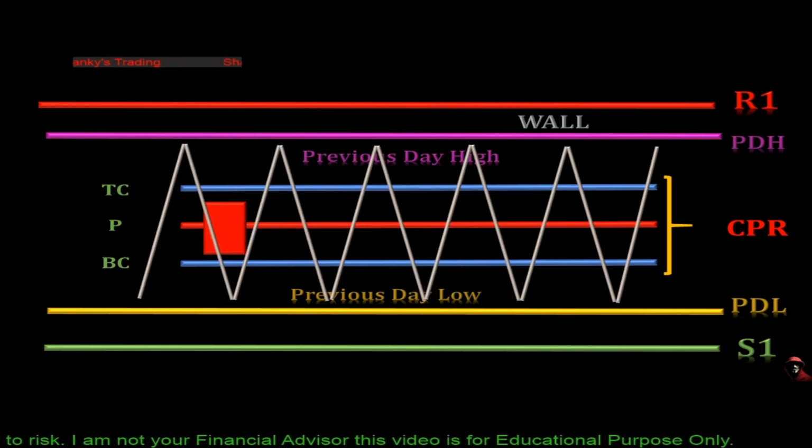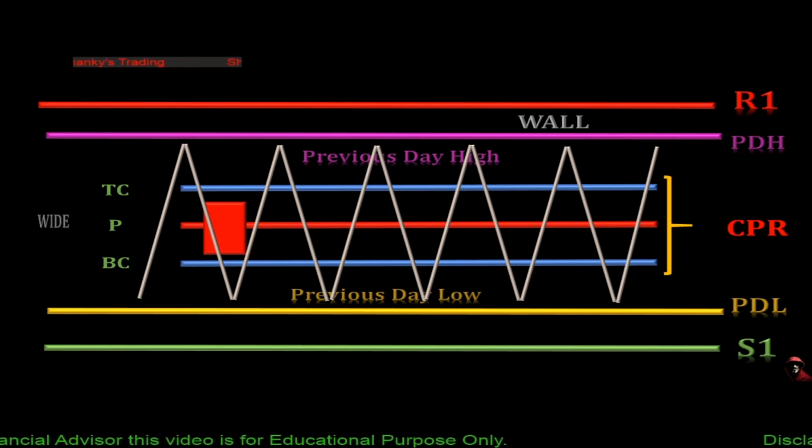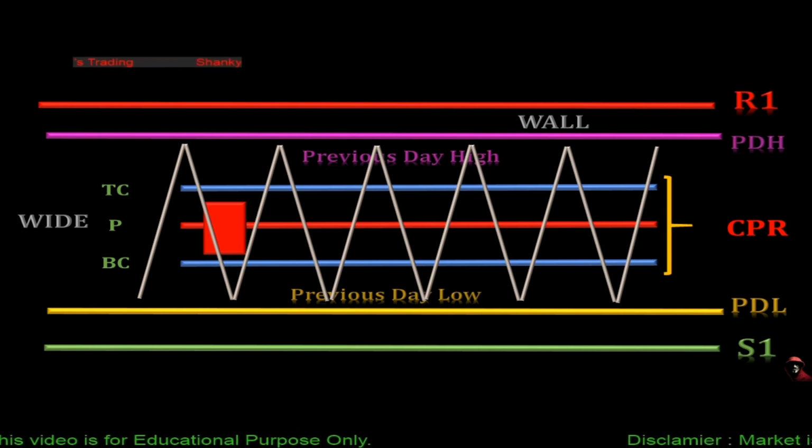This is a condition for both scenarios. The candle will go up and down, up and down. This will happen normally in a wide CPR, or in any condition, it's the same.